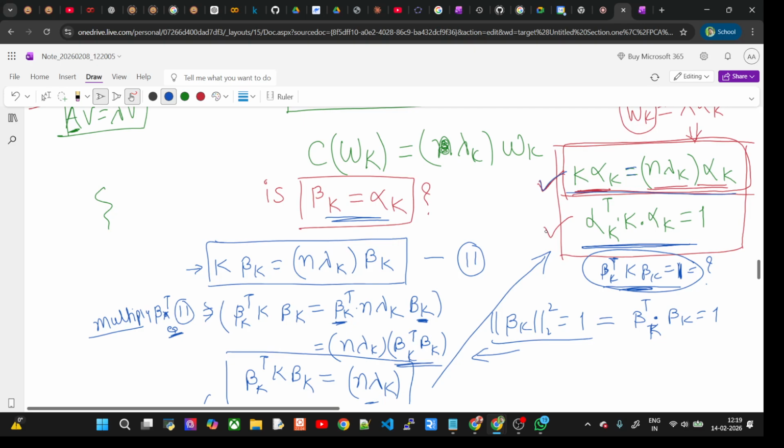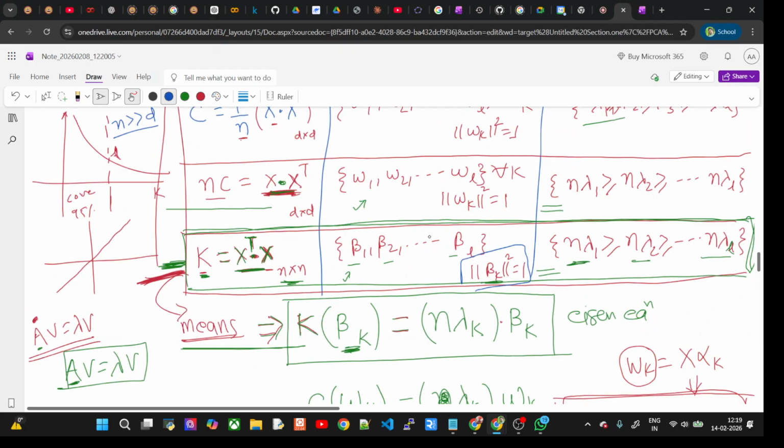This is one equation, and alpha k transpose K into alpha k should be 1. This is what we need for alpha k. Whatever alpha k satisfies this equation, we are happy to go with that alpha k. But now we are saying there is another beta k, not alpha k, for this matrix.